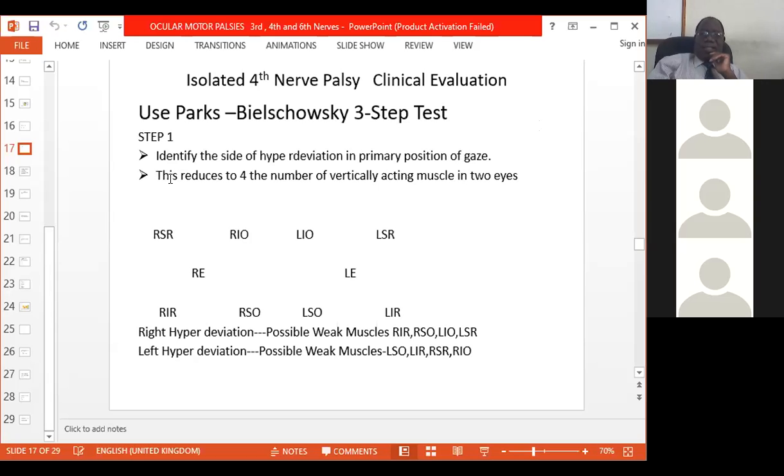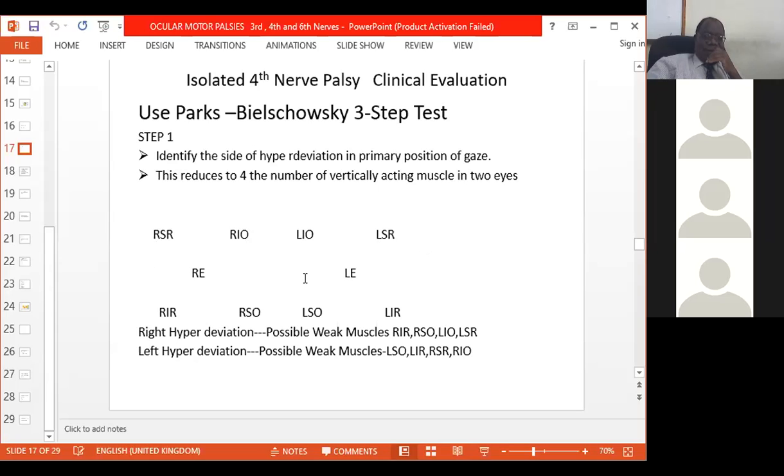This reduces the number of vertically acting muscles in the 2 eyes. Which are the ones which play? In the right eye the superior rectus and inferior oblique, and in the left eye the inferior oblique and superior rectus. These are the 4 muscles which elevate the eyes. That's the hyperdeviation, looking upward.